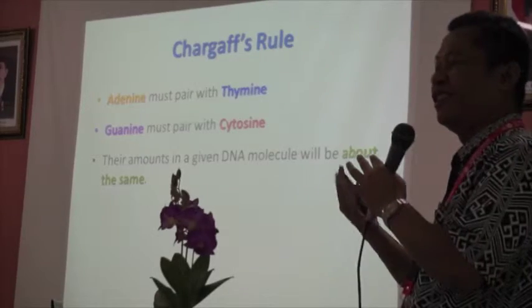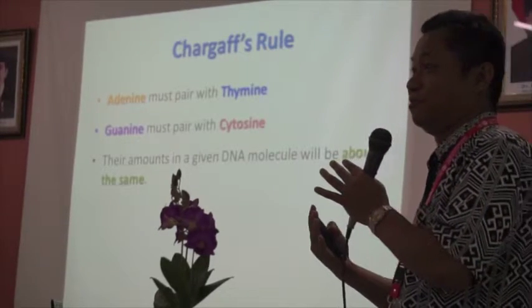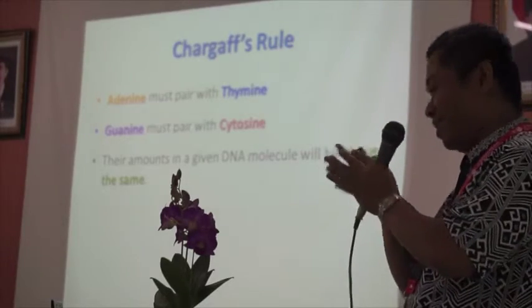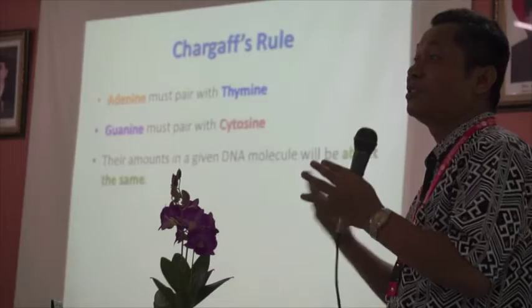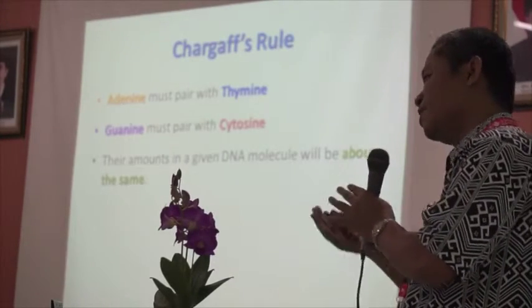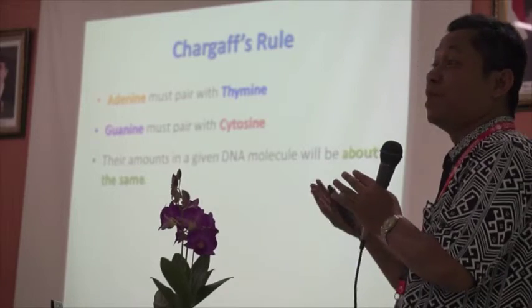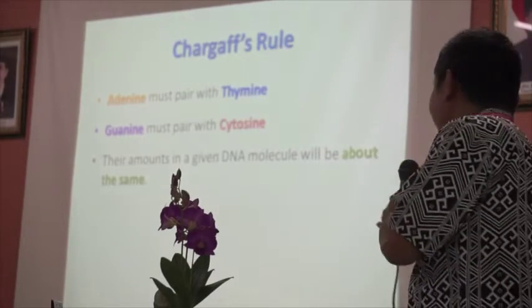Sometimes we read in a paper that this organism is high GC. It means the DNA contains a lot of guanine or cytosine residues. Sometimes the organism comprises more than 80% GC.